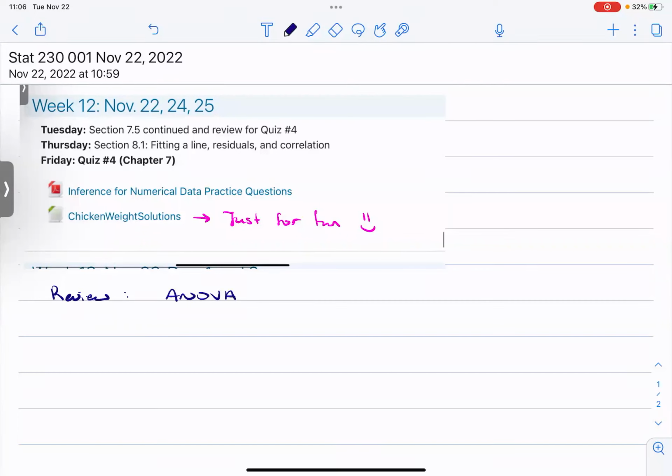If they have roughly the same width, then we're satisfied, meaning that the standard deviations should be roughly the same. But for us, right, we will assume conditions are met or are satisfied, let's say, for our purposes.